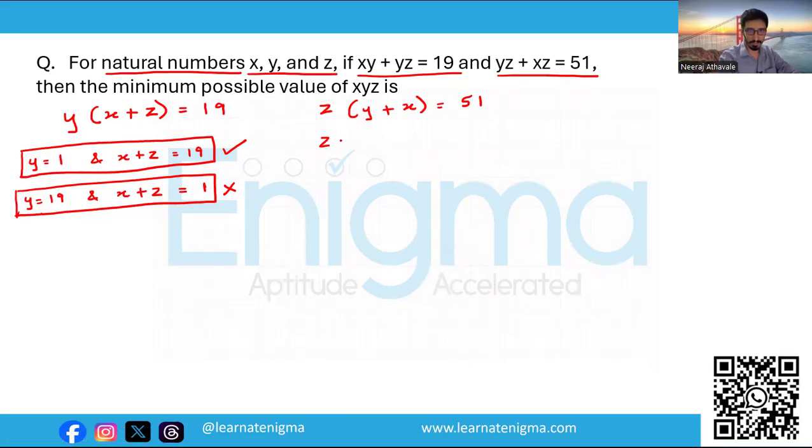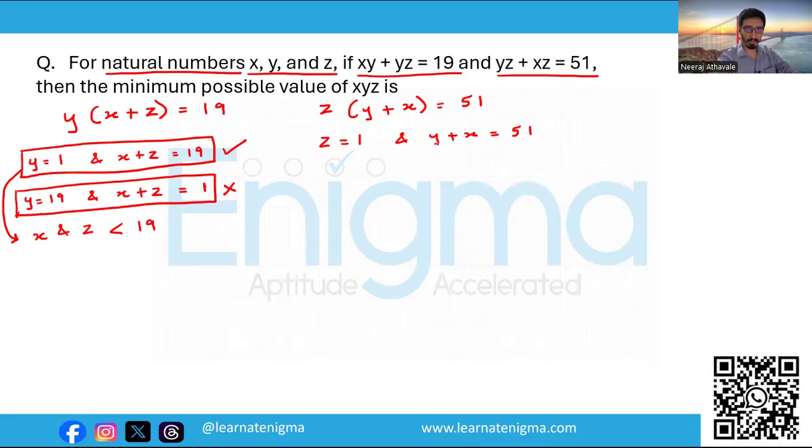Okay. So in that case, z will be equal to 1 and y plus x is equal to 51. Now from this, we can say that x and z should be less than 19 for sure.